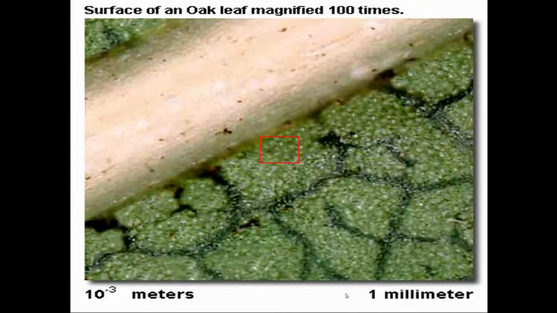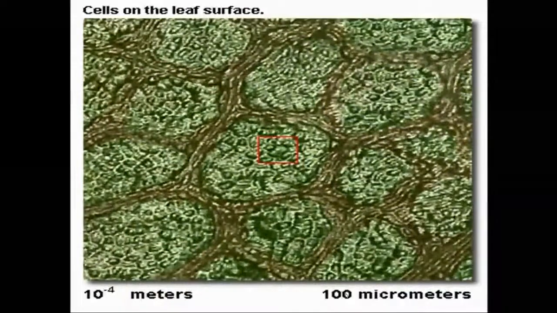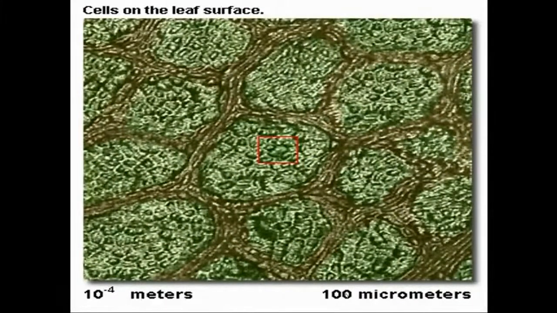At 1 millimeter, you can use a magnifier or a microscope to look at that, and you can see some structures at 100 micron. And by the way, the thickness of your hair is about 70 micron.